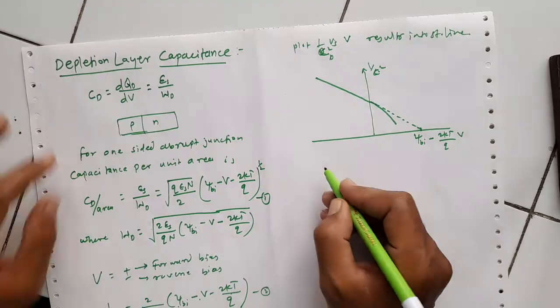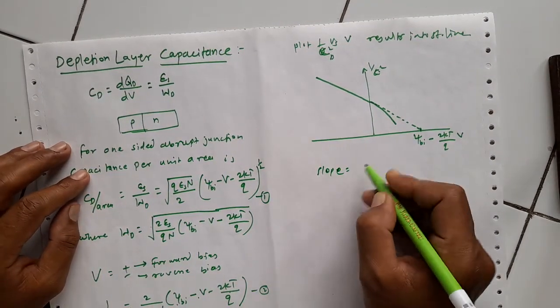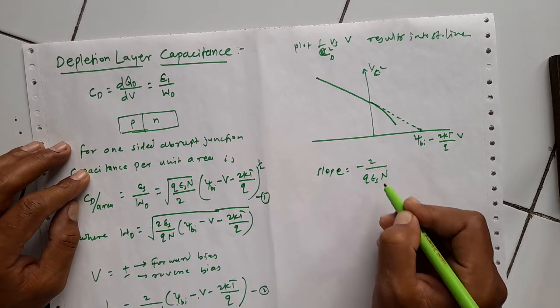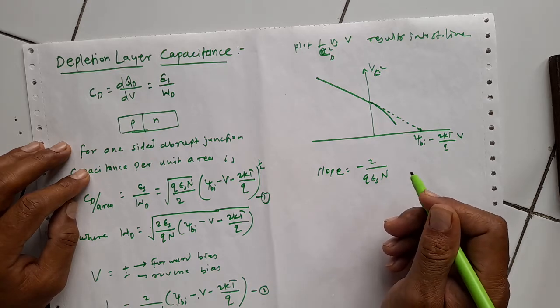Okay, so the slope gives us the impurity concentration. So the slope, what is it? Slope is equal to minus 2 by q epsilon_s into N. N is nothing but the impurity concentration of that particular substrate.